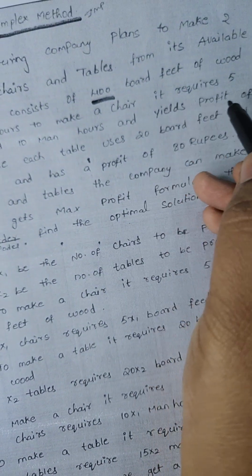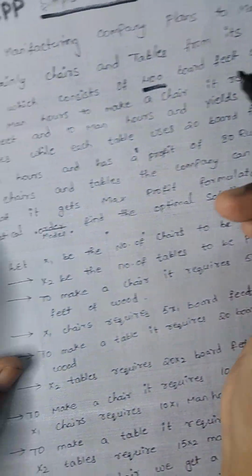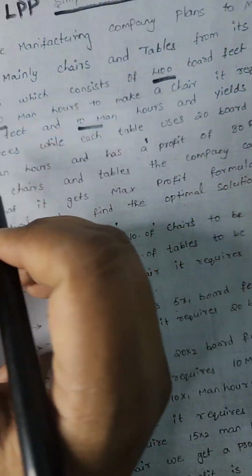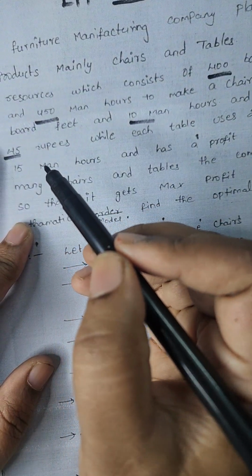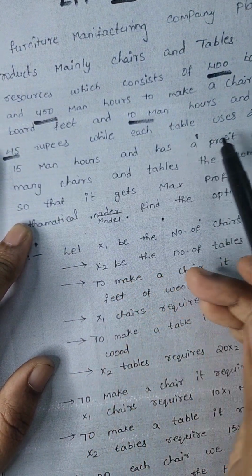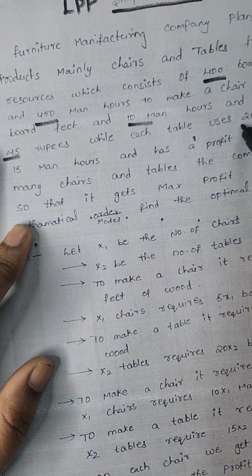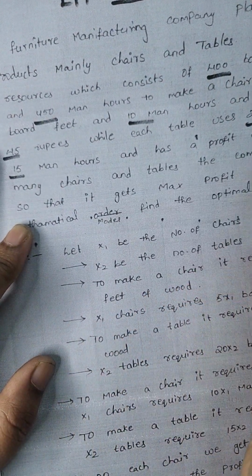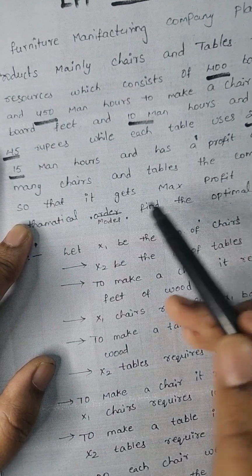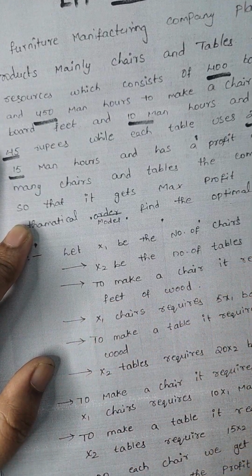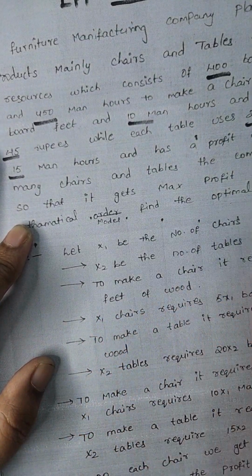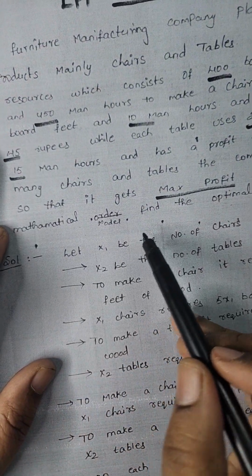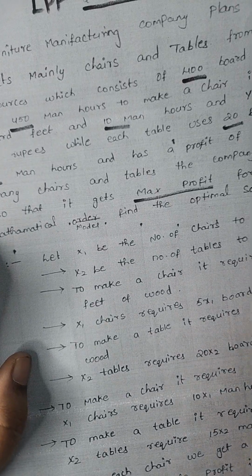To make a chair, it requires 5 board feet of wood and 10 man hours and yields a profit of 45 rupees, while each table uses 20 board feet of wood and 15 man hours and has a profit of 80 rupees. How many chairs and tables can the company make so that it gets maximum profit? Formulate the mathematical model and find the optimal solution.